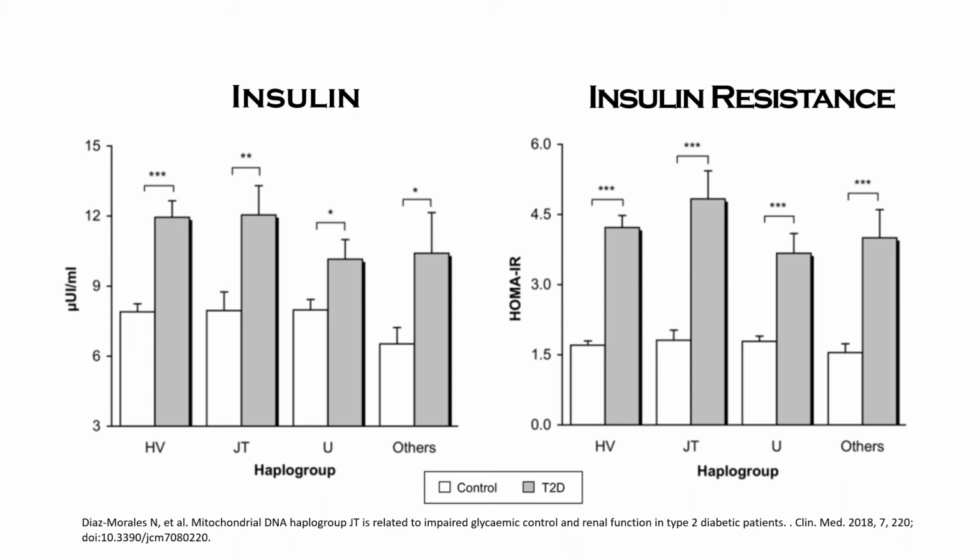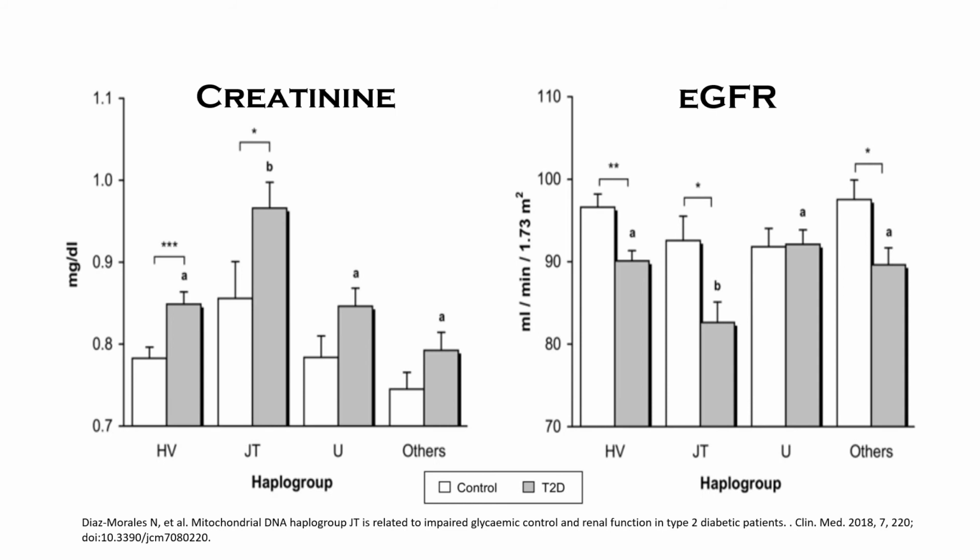Another important finding was that type 2 diabetic patients in the JT haplogroup showed a worse renal function than patients belonging to HB, U, and others haplogroups. These manifested as significantly higher levels of serum creatinine and lower estimated GFR.